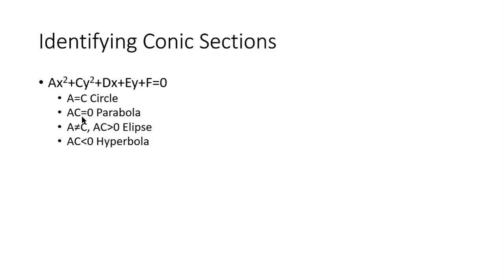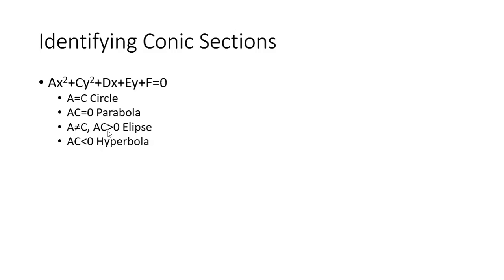If AC is equal to 0, that means we only have one squared variable. We either have x squared or we have y squared, but we don't have both. One of those terms is not there because one of them is equal to 0. So when we multiply A times C, we're going to get 0. That means it's a parabola, because in parabolas we only have one squared variable.